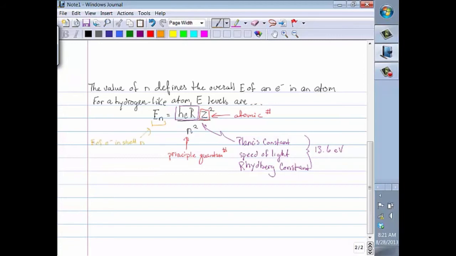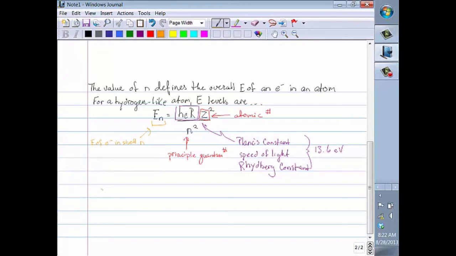So again, I want to stress that you can have the electron in a 1 electron atom in any orbital you want, or any value of n that you want, as long as it's the only electron. So n does not have to be 1, even though it's hydrogen-like. The equation that you use to calculate the energy of that 1 electron atom is the same as the ionization energy of that electron.